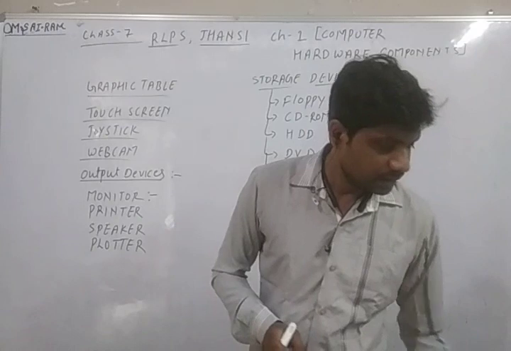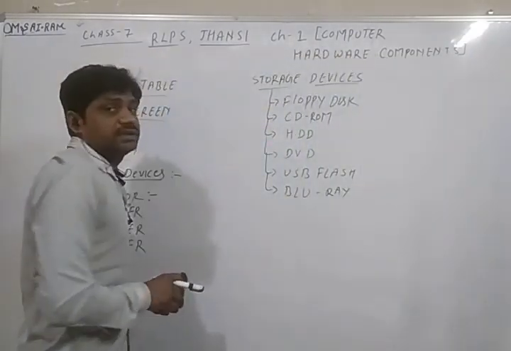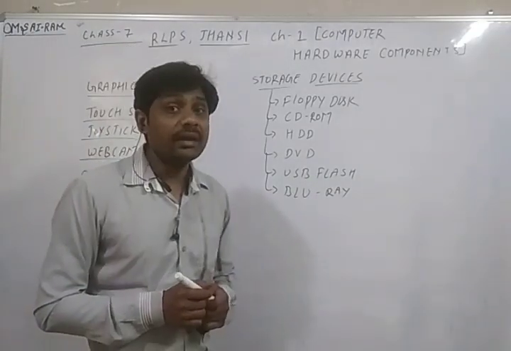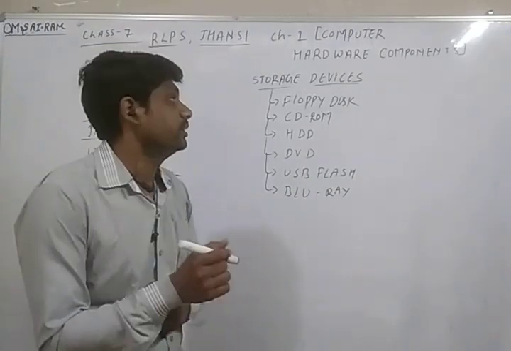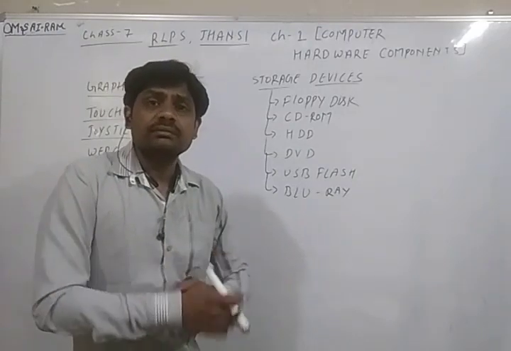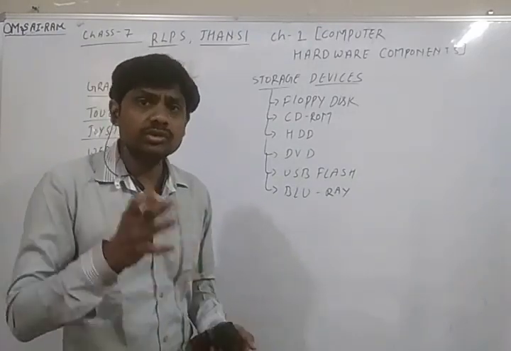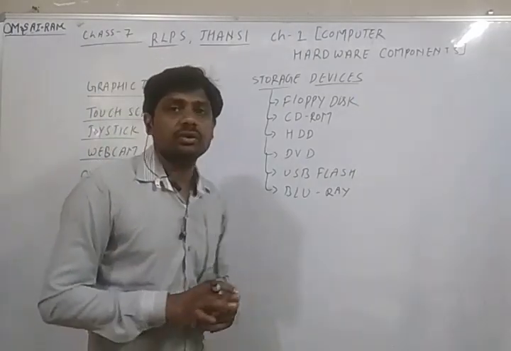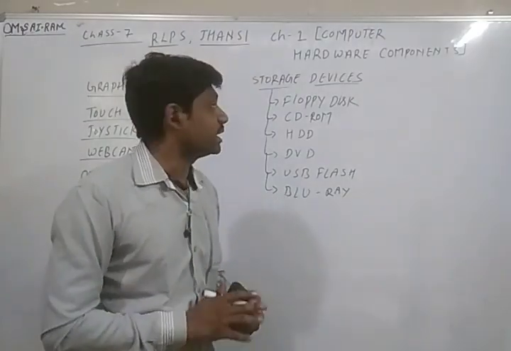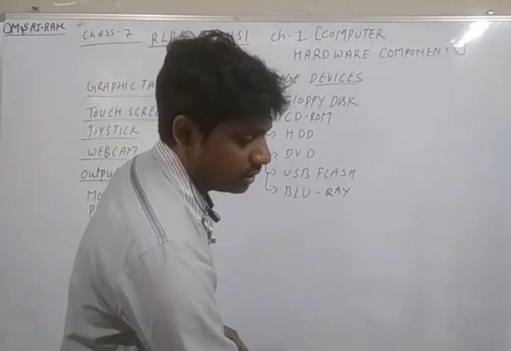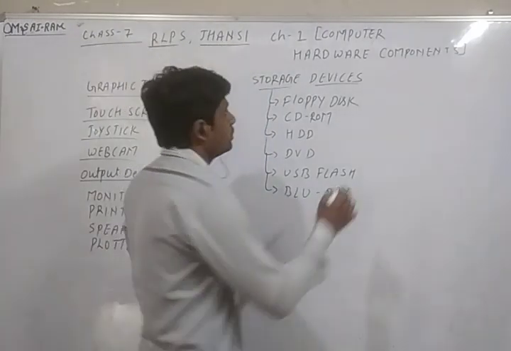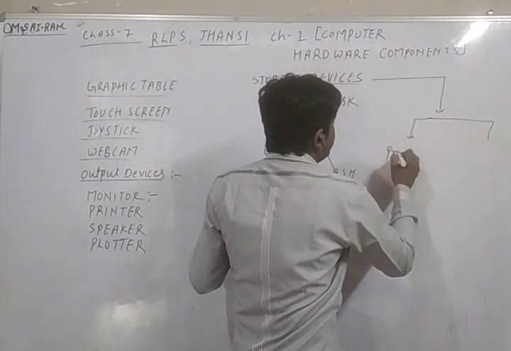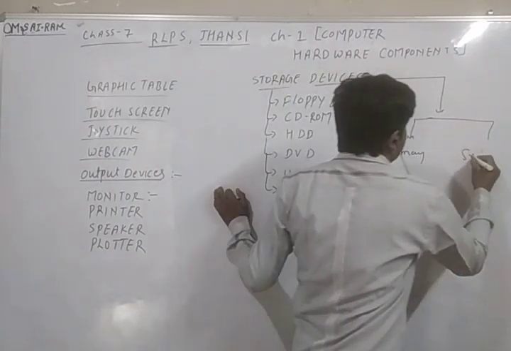pictures. Then after, children, storage device. You know what is meant by storage device? Basically there are two types of storage device: internal and external. Internal storage device means those devices are attached inside the computer, and external means those devices are attached outside the computer. And storage is basically of two types: primary and secondary.